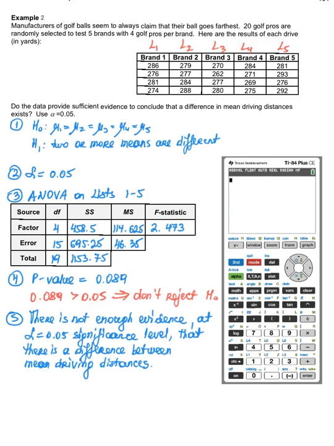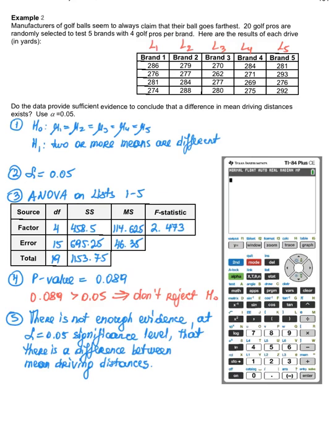The 5 brands are represented by 5 columns. Brand 1 has the following data: 286, 276, 281, and 274 yards. Brand 2: 279, 277, 284, and 288 yards. Brand 3: 270, 262, 277, 280 yards.